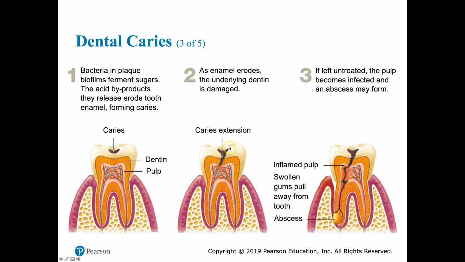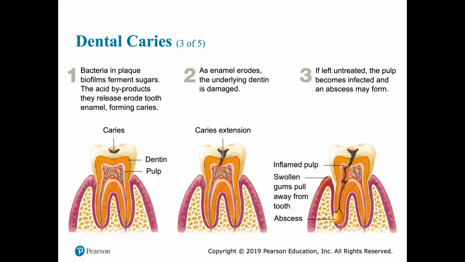The underlying enamel erodes. You have your dentin. When it gets down to this part, it becomes extremely painful in many cases. And if left untreated, it can go all the way down through the pulp and create an abscess at the base.